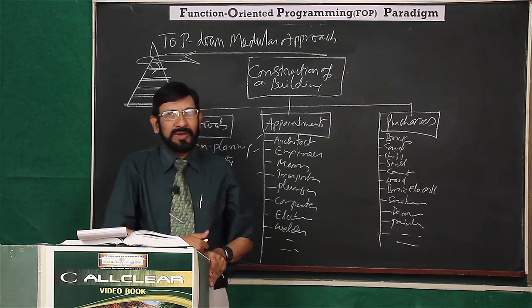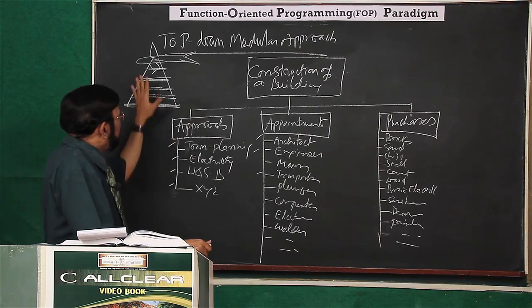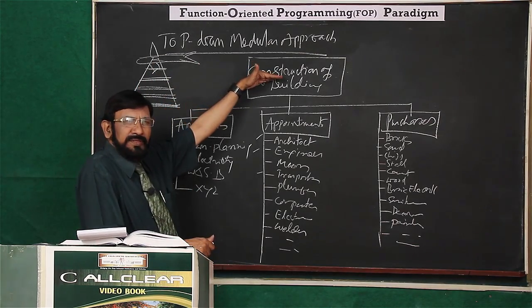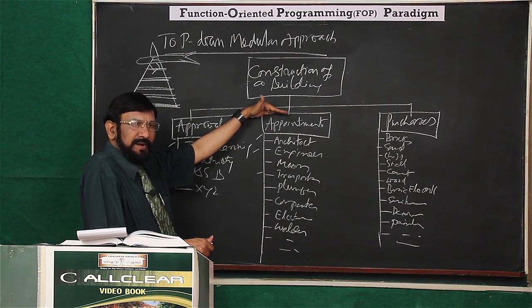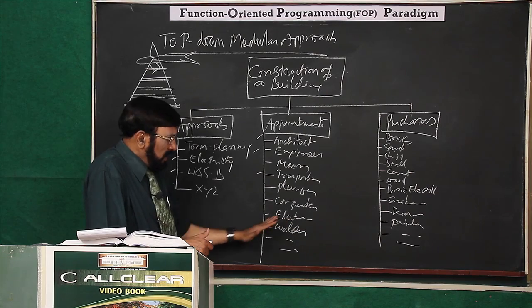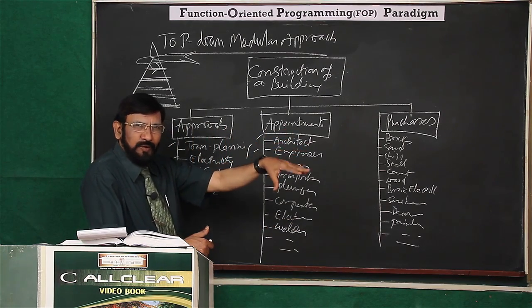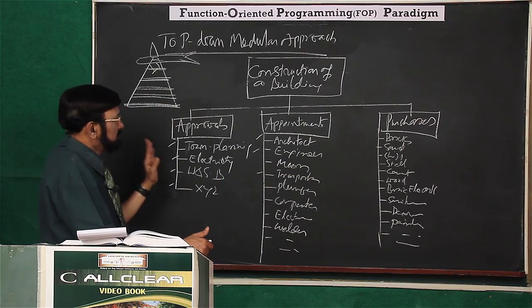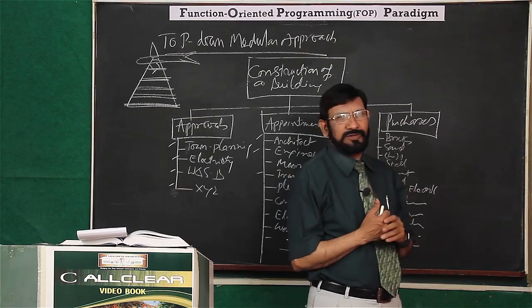You can view the thing. So the same thing: at this level, everything is blur, a lot of air. One step further, some clarity, some more clarity. Ultimately, everything is in your mental control. So this is the thing. That's why it is called the top-down modular approach.